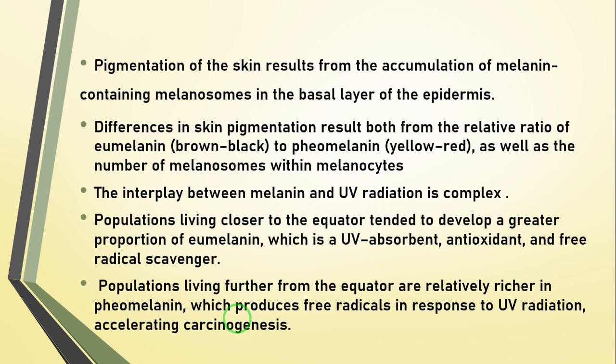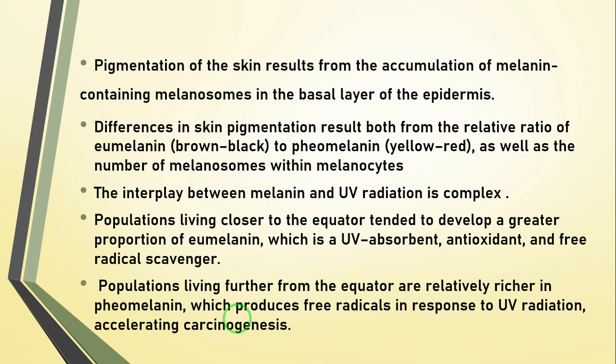The UV light is the first step that allows the beginning of the process of the melanin biosynthesis, and the reaction between the UV radiation and melanin is complex. People who live at the equator, near the equator, have a great proportion of the eumelanin, which gives them the dark brown pigment, and this allows them to be protected against skin cancer.